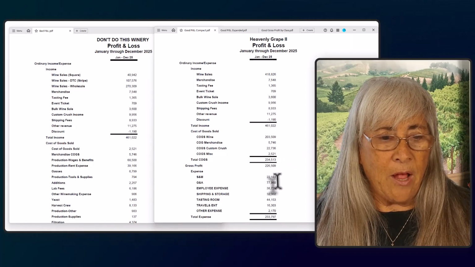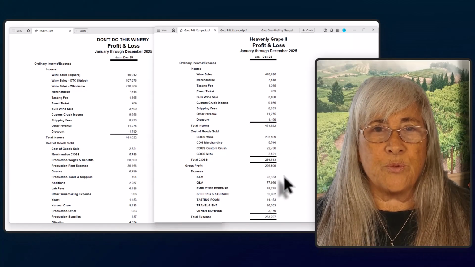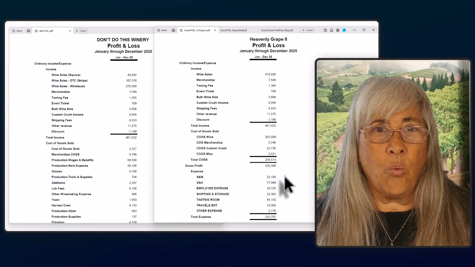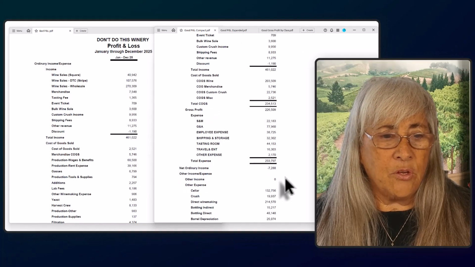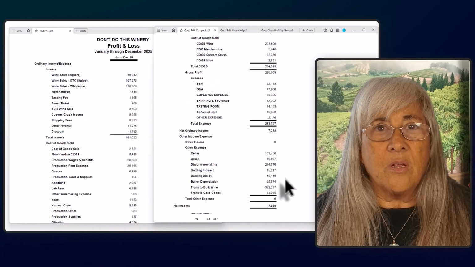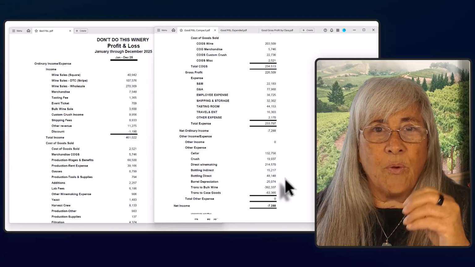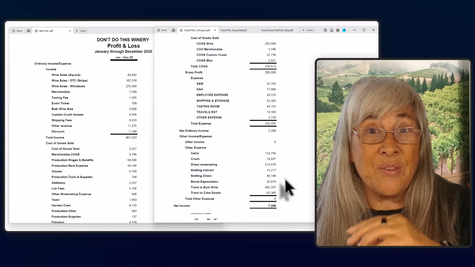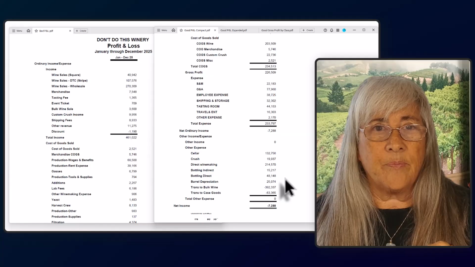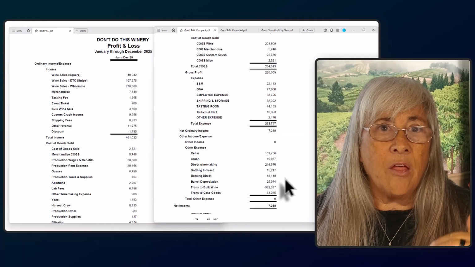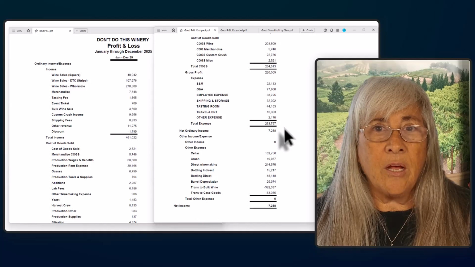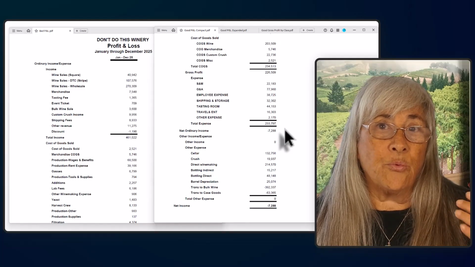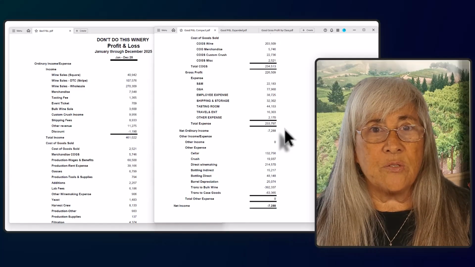You want to corral them into functional groups so you can easily scan a one-page profit and loss report. And you want to separate the winemaking expenses from COGS and overhead expenses because they are neither of those. When they are down in the other expense area, you can now use the net ordinary income line to monitor the real profit and loss from operations.